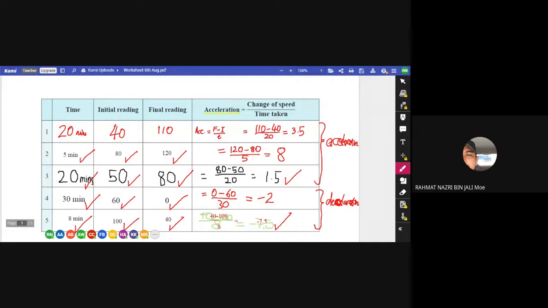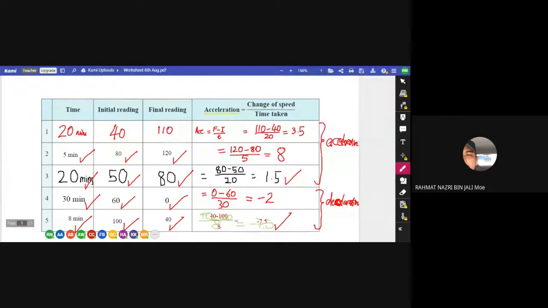Okay, I will lower down your hand. Thank you. For the rest, please refer to your WhatsApp group. Or one more minute I will give you to copy this table.